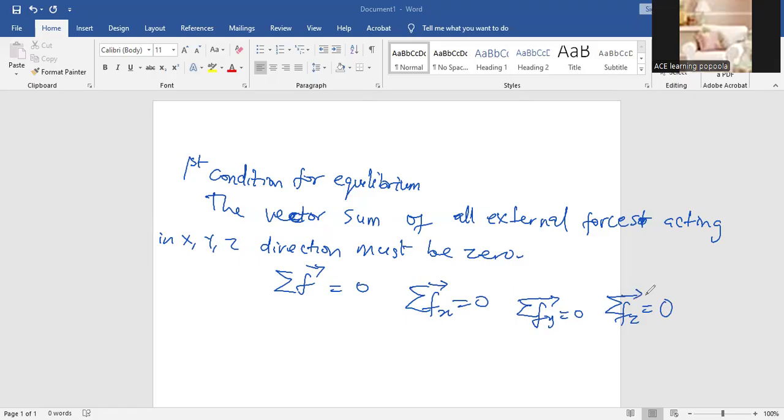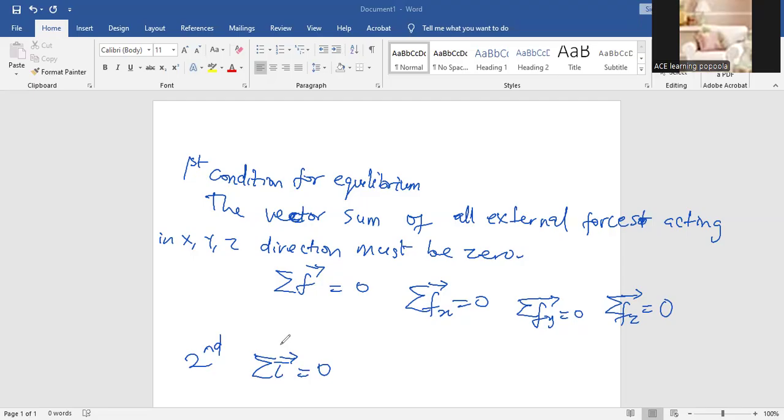Now, the second condition for equilibrium for a body or an elastic material is that the body must not have the tendency to rotate. That is, the sum of all torque, external torque acting on the body must be 0. This is the second condition. The sum of all the external torque acting on the body must be 0. So you might want to write that down.